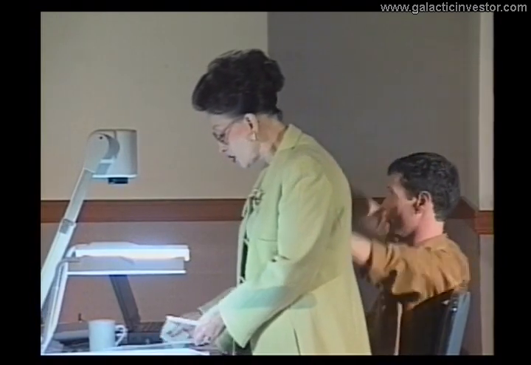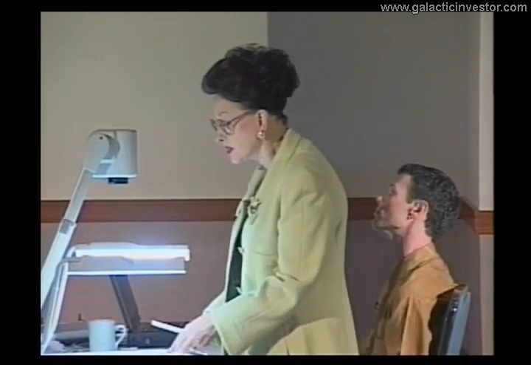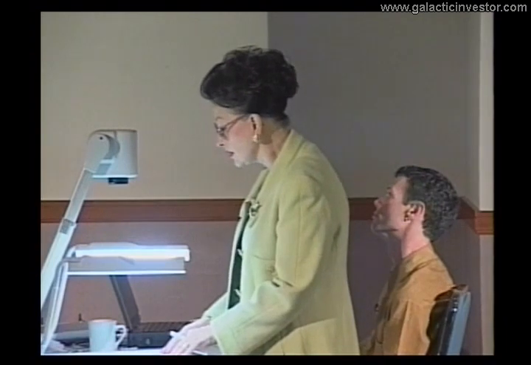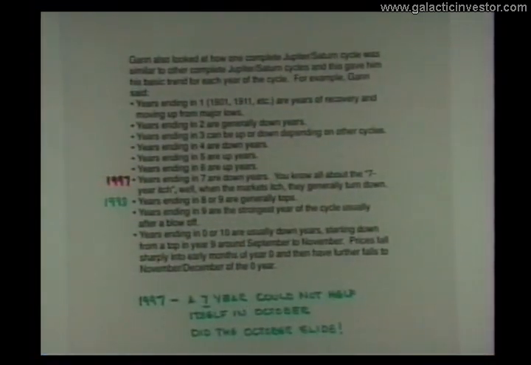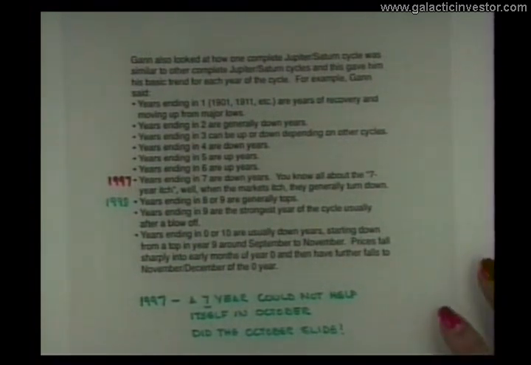Now, before we go on to predictions for the next several years, let's look at what W.D. Gann found out. In looking at these cycles, and this is now getting into his 10-year cycle, he said you could even break down the years of what's going to be happening.